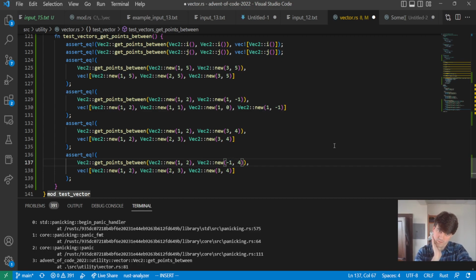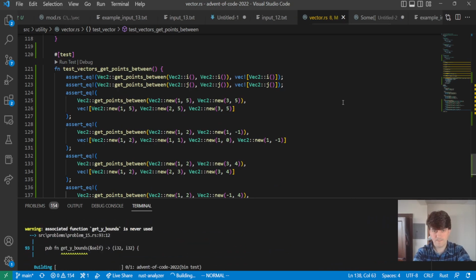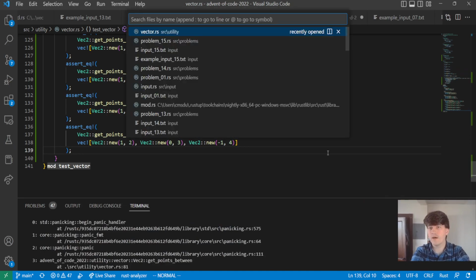Does that work? That means we're going left and up diagonally. That should work. So this is 1, 4, 0, 3, and negative 1, 4. Cool. That worked. Very nice.